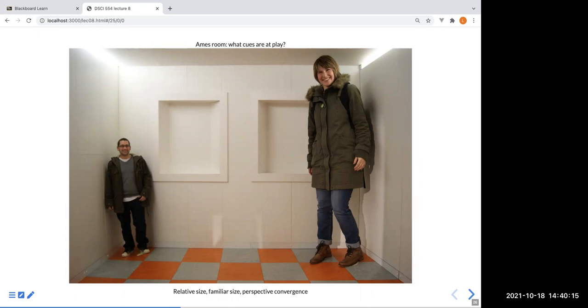So here we have the person that is standing on the right side, and here we have the person that's standing on the left side, and the ground lines are something like this. Okay? And the camera is set up here.